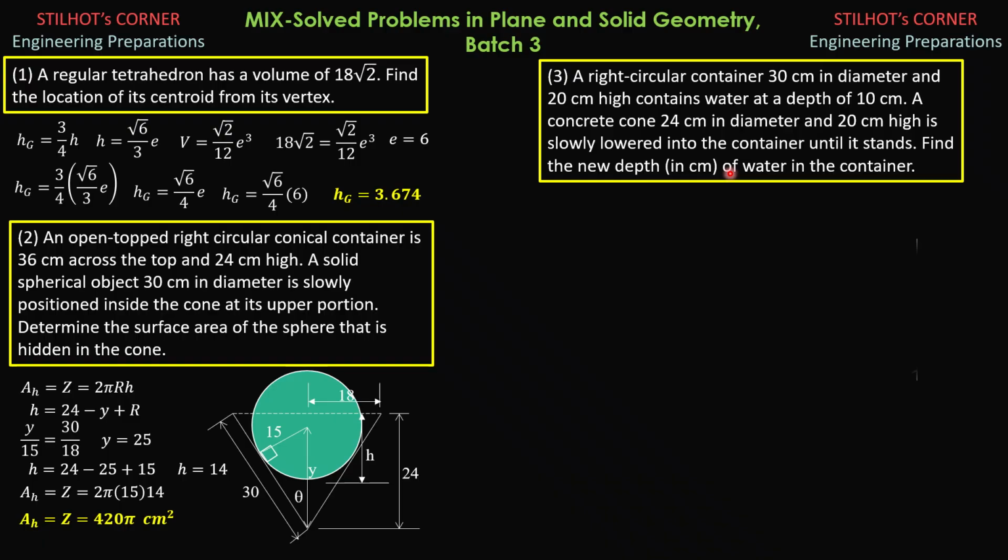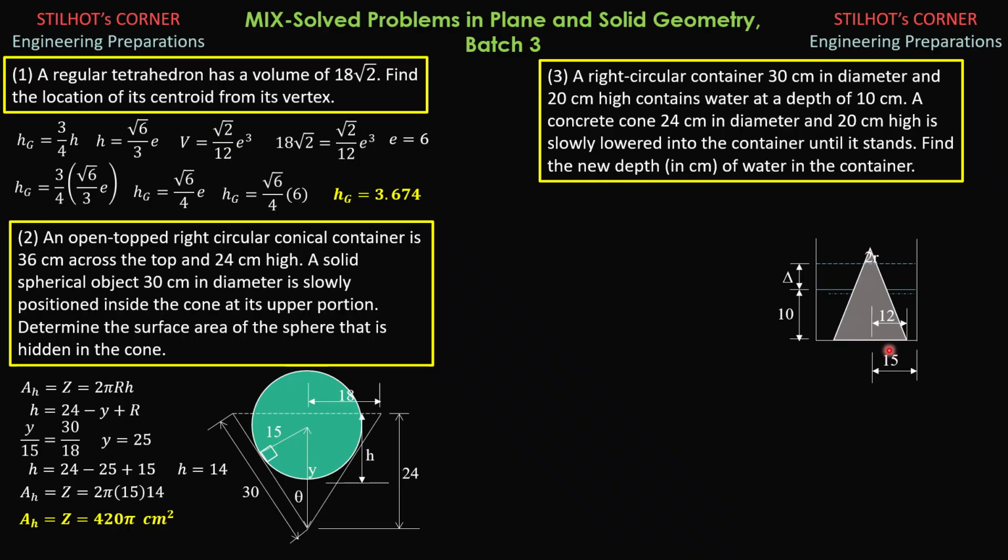So we have here a container, a right circular cylinder, which is 30 centimeters in diameter, so 15 centimeters in radius, and 20 centimeters high. Same with this cone here, a right circular cone, which is slowly lowered until it stands somewhere at the bottom, of course.